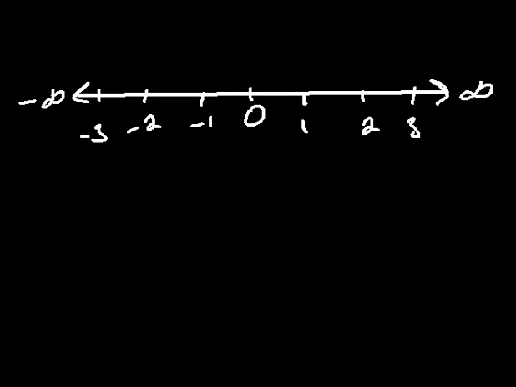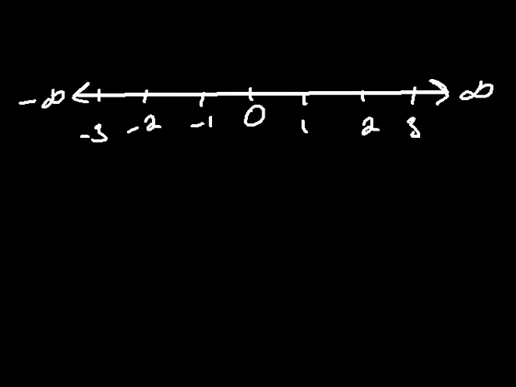You should understand that 0 is less than 1, because as we move in this direction, we are increasing the numbers. Hence 0 is less than 1, which is true. And I can also say 1 is less than 2, which is true. Likewise, you can also say 2 is greater than 1, which is true.